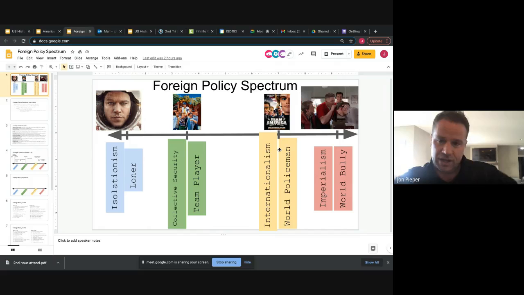Internationalism is making sure that people in the world are acting according to how you think people should act. Meaning, are they violating the rights of people across the world? Well, then Team America World Police steps in to make sure that the people are following the written or unwritten rules of the world.